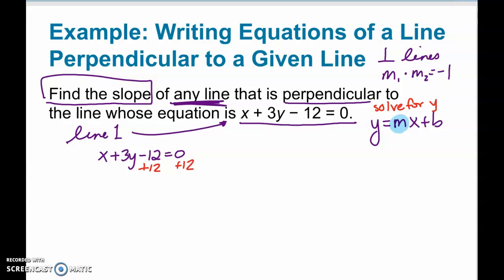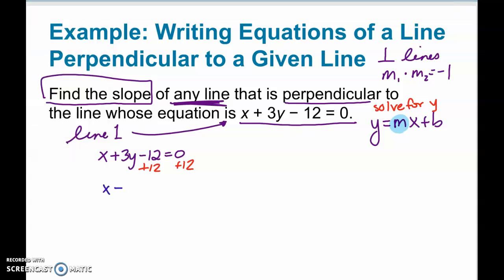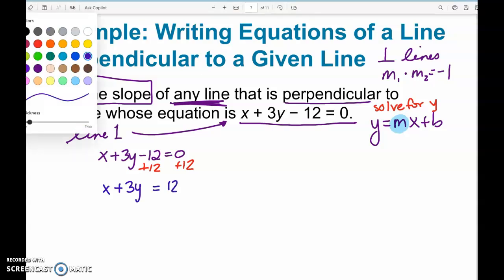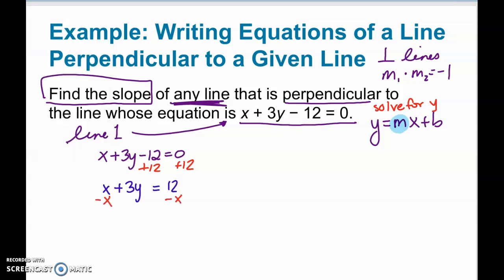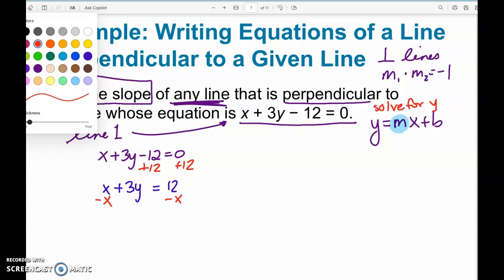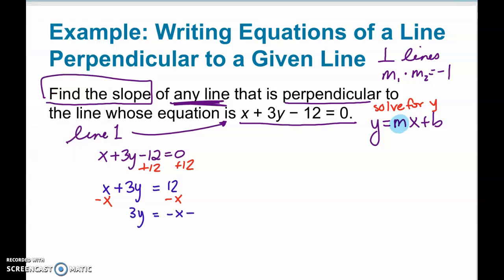When I do something to one side of an equation, I have to do it to both to keep the equation balanced. So I have x plus 3y is equal to 12. Then I am going to subtract x from both sides, and I will end up with 3y is equal to -x plus 12.